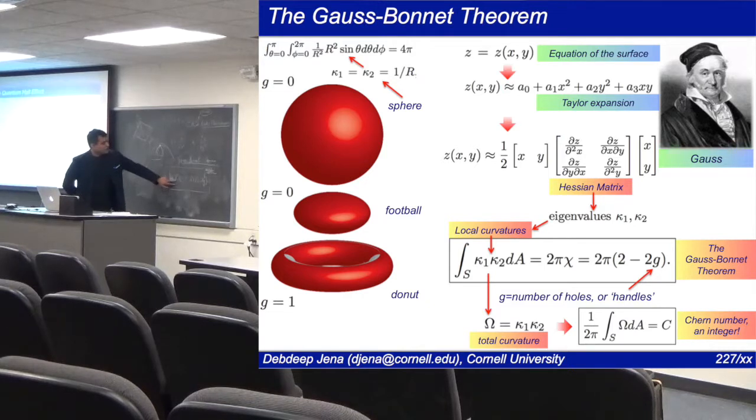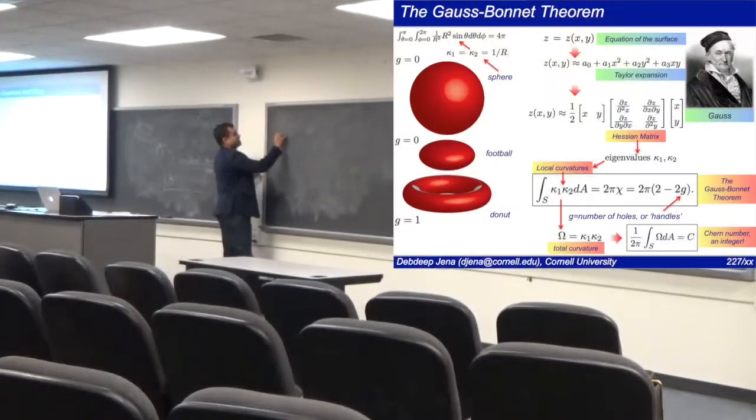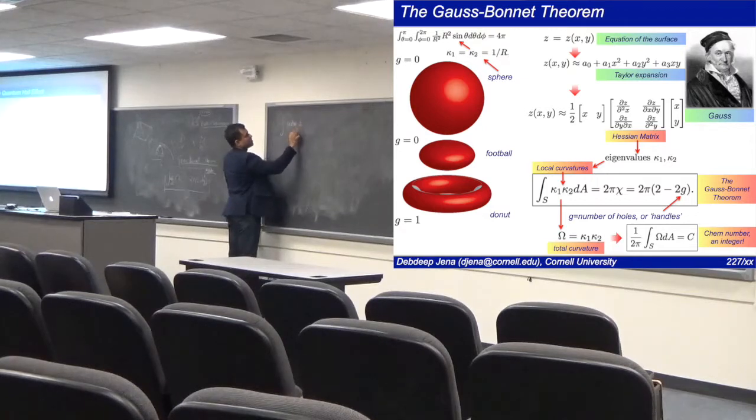So as a sanity check, if you are on the surface of a perfect sphere, what is the curvature? Curvature is 1 over r, the inverse of the radius. You can work that out. When I integrate it, I get 4 pi r squared times 1 over r squared.